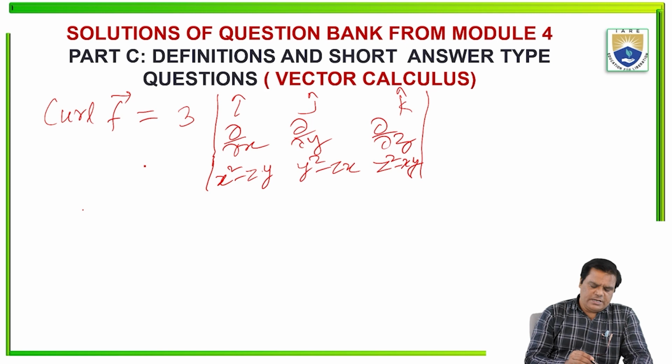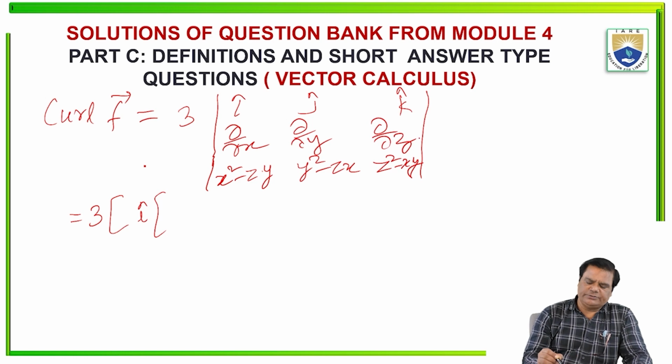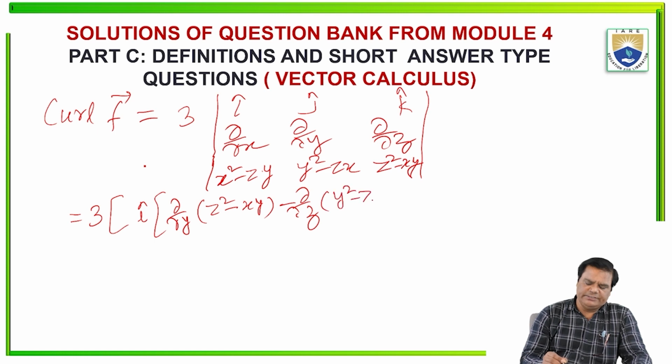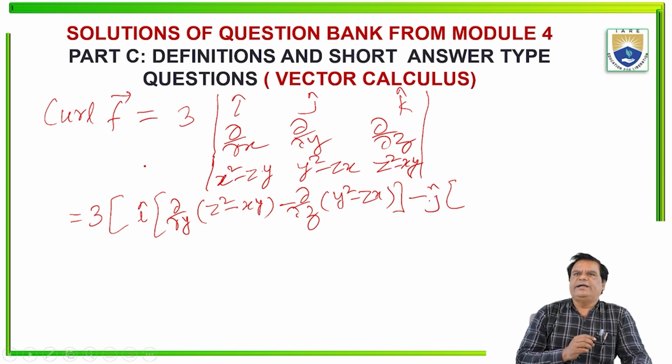Now open this. After opening we get 3, here i vector, and first row, first column cancel. So dou over dou y of z square minus xy, minus dou over dou z of y square minus zx, and minus j, second column and first row cancel.